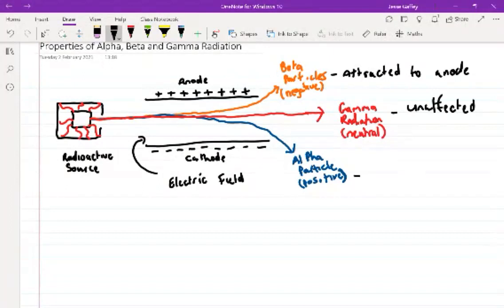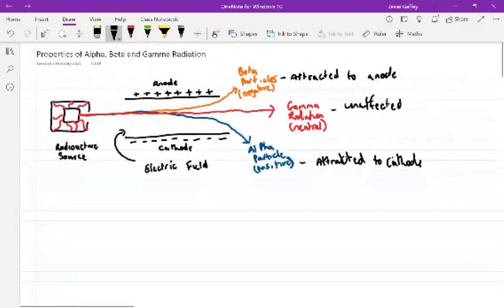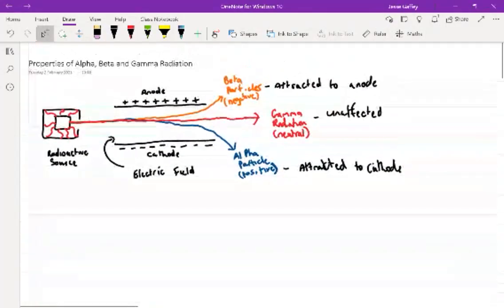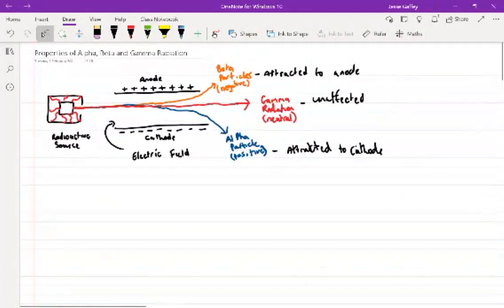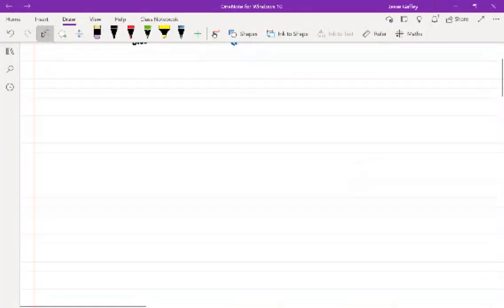And alpha particles are attracted to the cathode. Okay, so alpha particles get attracted to the cathode. So you have your diagram and you have your sentences explaining what's happening. All right, good. That's the first property, what happens to them in an electric field, alpha, beta, and gamma radiation. Let's look at another property now.